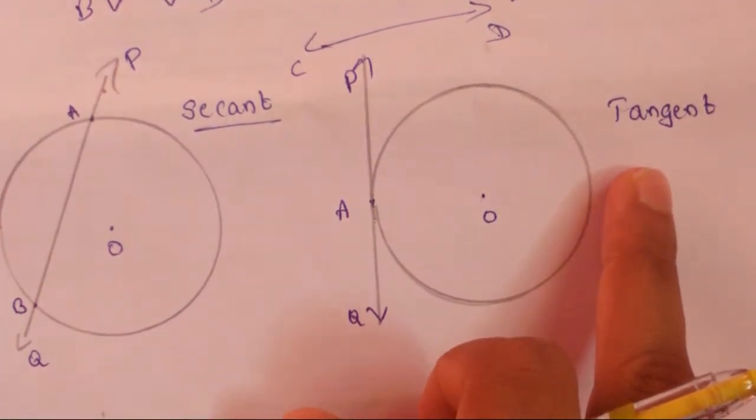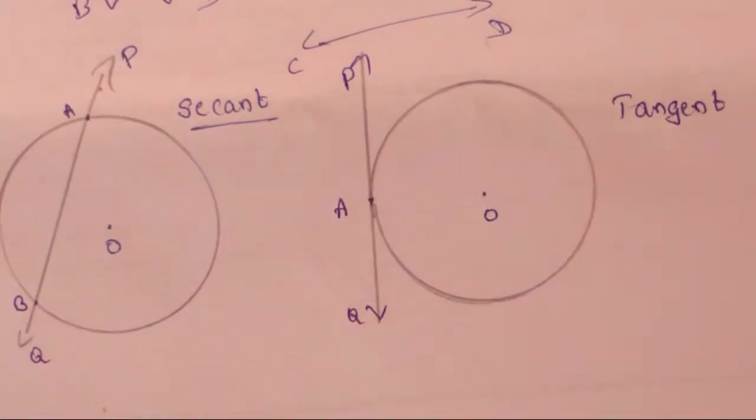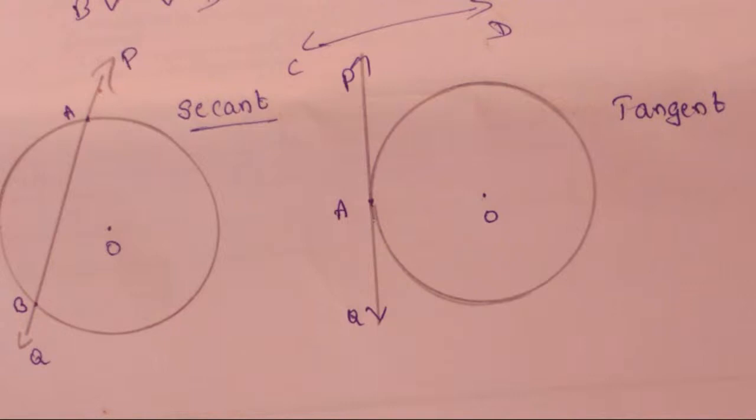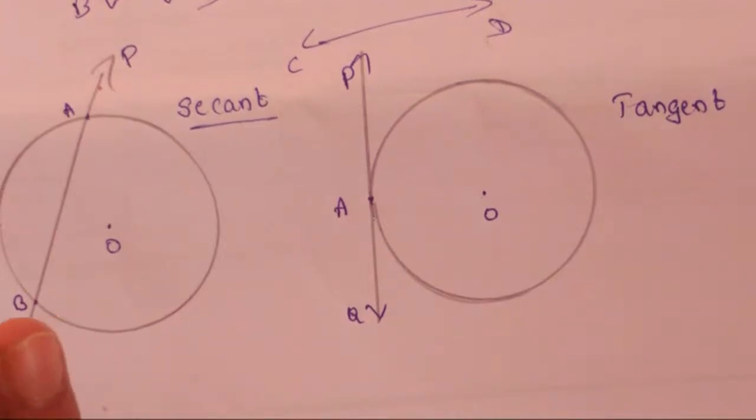And now tell me, how many tangents can we draw to a circle? A tangent means the line which passes through the circle at a single point. So now tell me how many tangents we can draw to a circle.